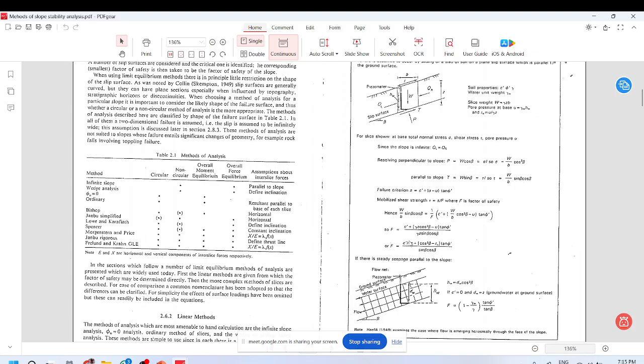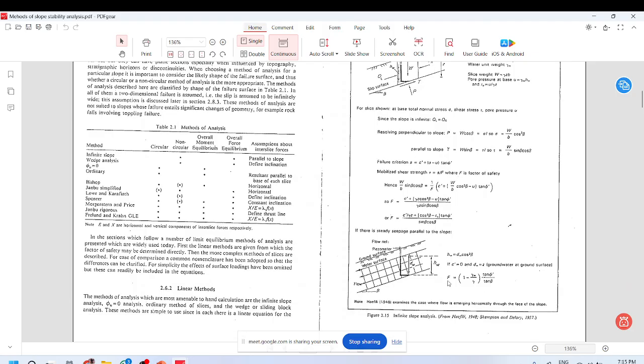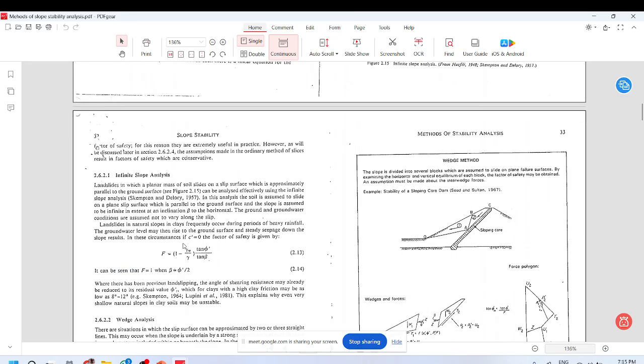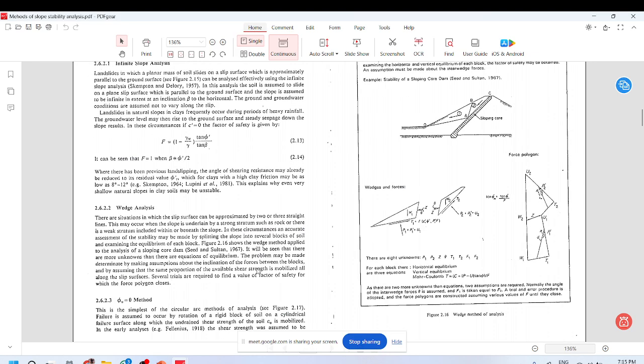Okay, so this was the infinite slope method. Then we have a wedge analysis.